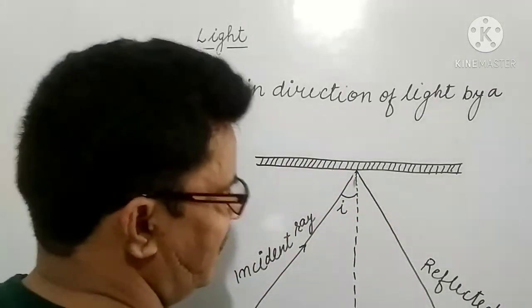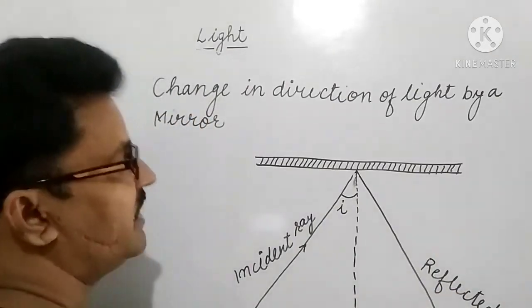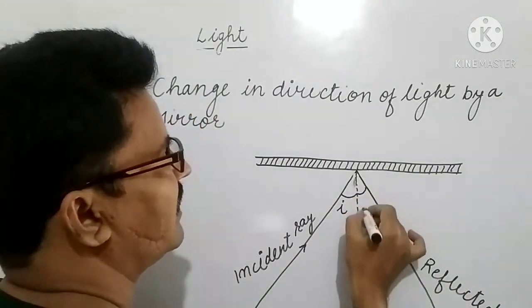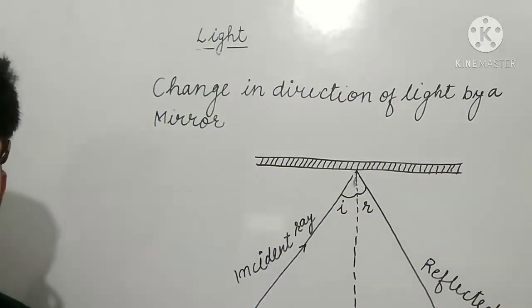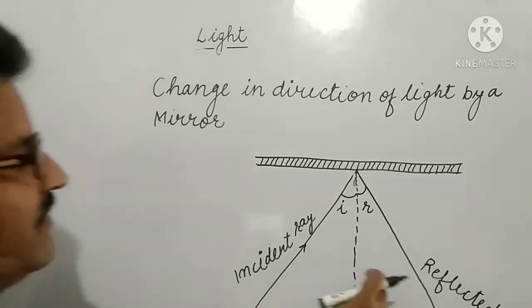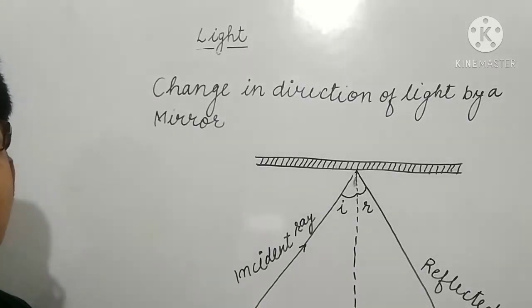And the angle between the reflected ray and the normal at the point is known as the angle of reflection. Clear?